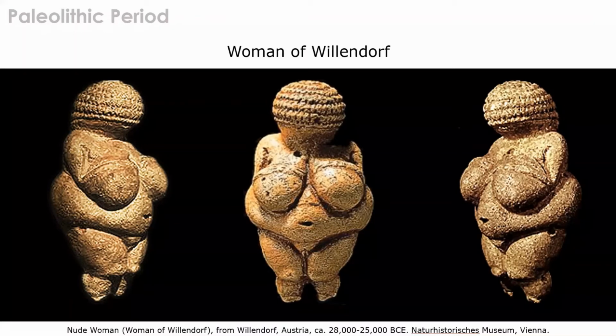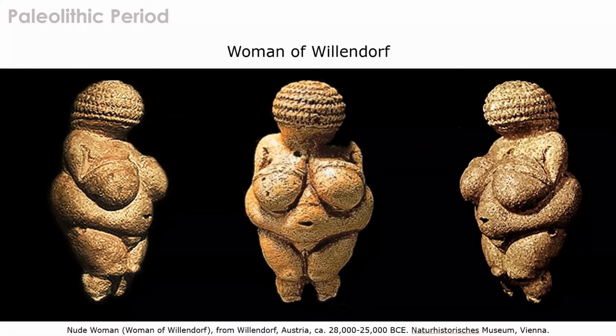Because of its size and the non-standable form, this sculpture was probably meant to be carried instead of set on a flat surface. Interestingly, this sculpture also does not have facial features. It seems that her face is covered by a hat or her hair. The majority of Paleolithic figures have no facial features.